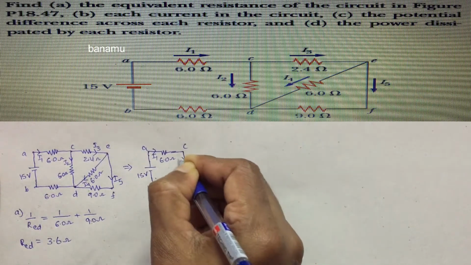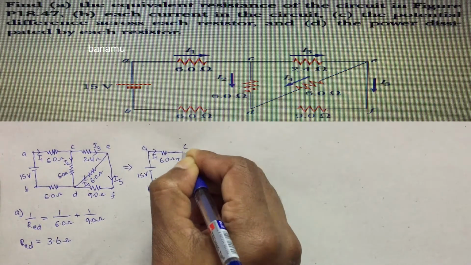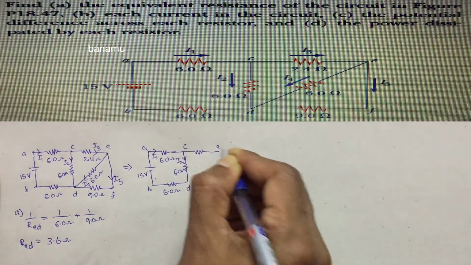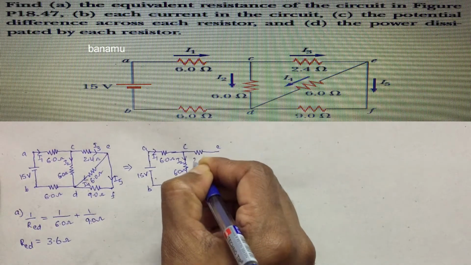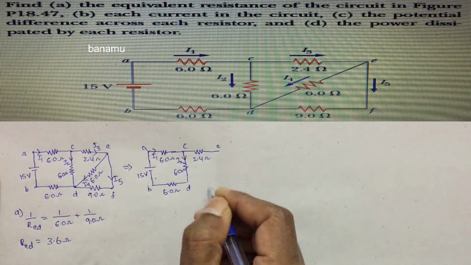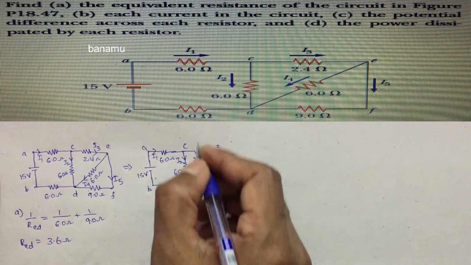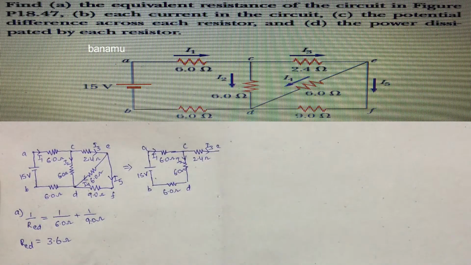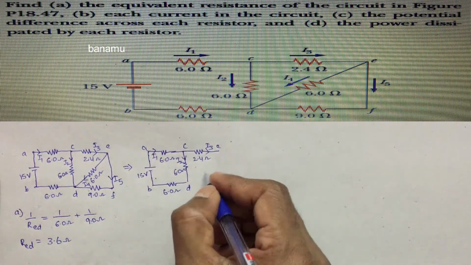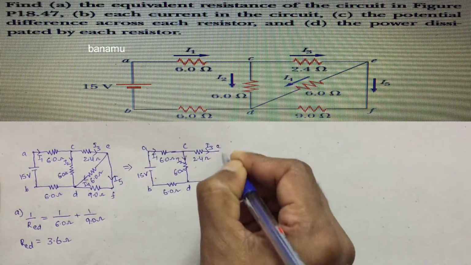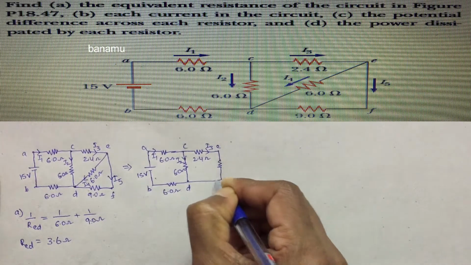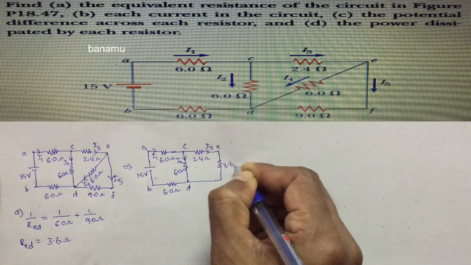The current through CD is I2. And consider another point E. The resistance is 2.4 ohms and the current through CE is I3. And the equivalent resistance R_ED is connected between the points E and D. The resistance is 3.6 ohms.